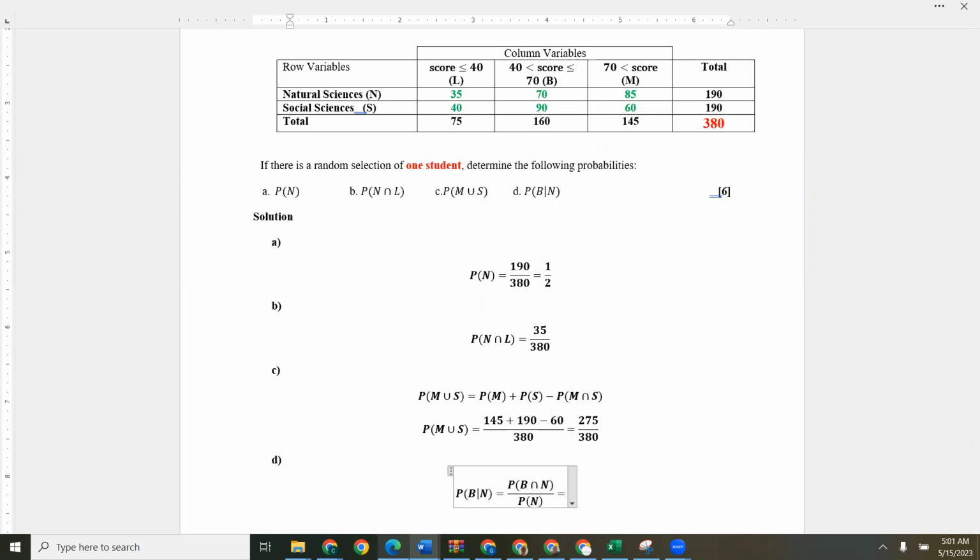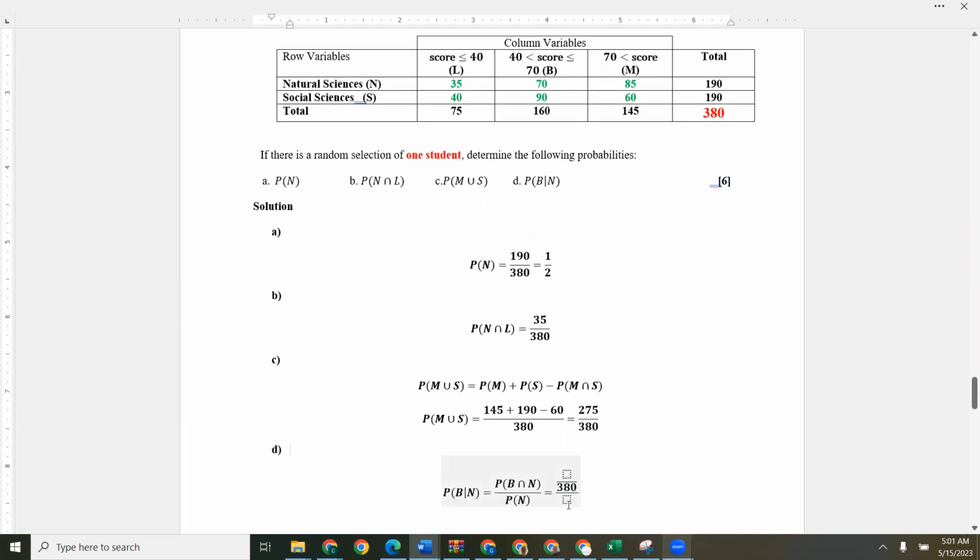Now P of B intersect N is already a fraction over 380. Likewise, P of N is also a fraction over 380. So here you've got a fraction over a fraction, because probability implies a fraction. How many are from the natural sciences and scored between 40 and 70? That's 70 of them.